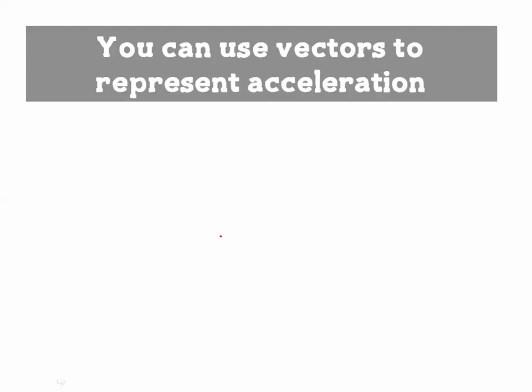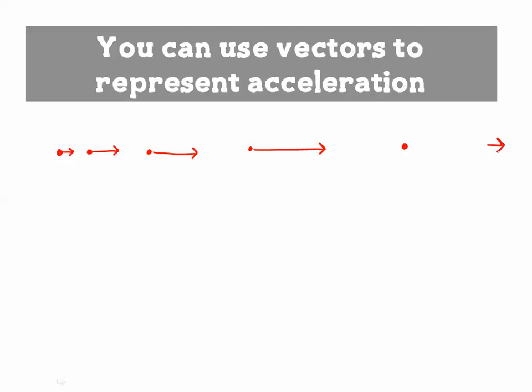With our motion diagram, if you remember, we drew those vectors representing the velocity at each point. When we look at it as something changing speed, getting further and further apart, our velocities might look something like this, where they keep increasing in size.